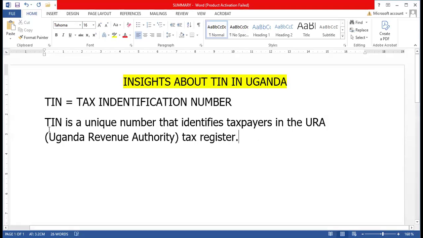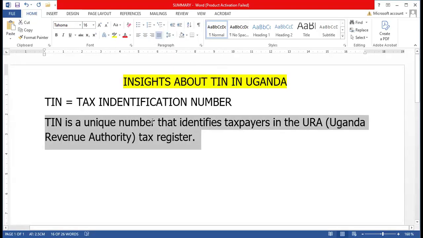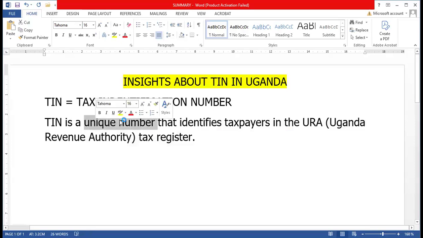Okay, so it is something that you need to know. It is unique in a way that every taxpayer must have his or her own number.